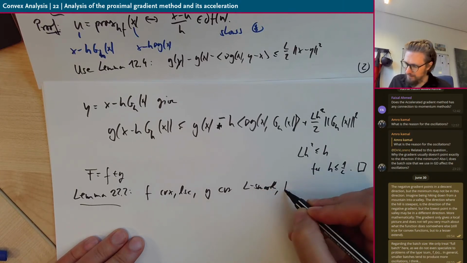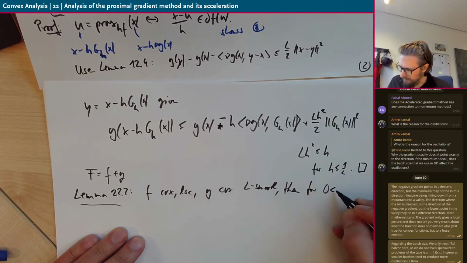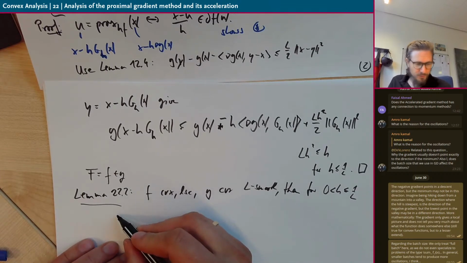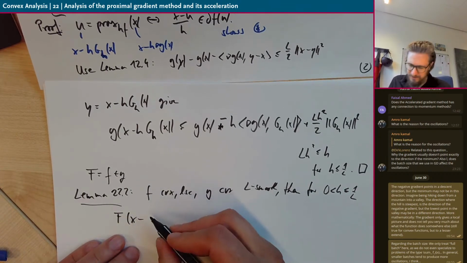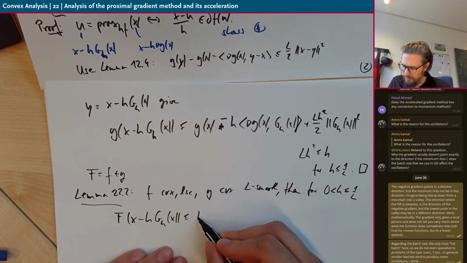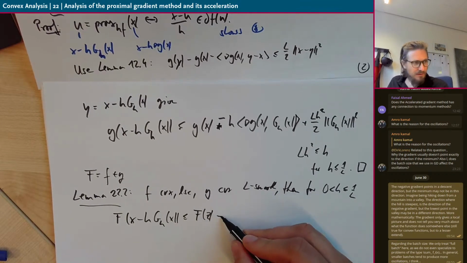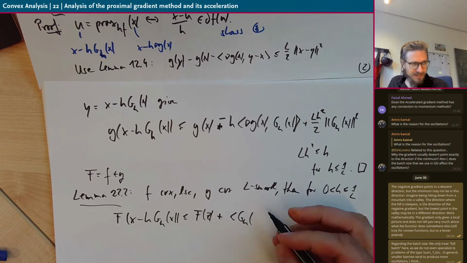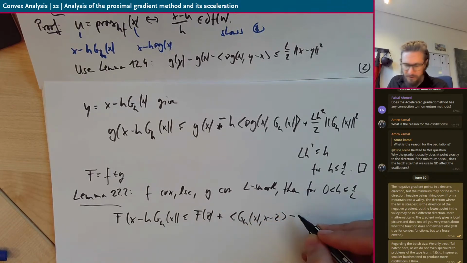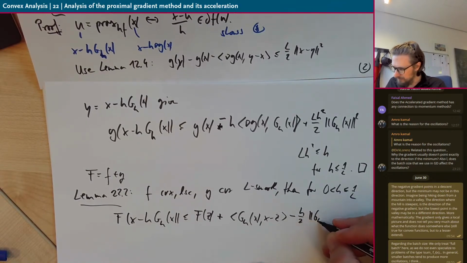Then we have for this f and h between 0 and 1 over L, that f of x minus h times gh of x, so that's the proximal step, is smaller than f of z plus gh of x, x minus z minus h over 2 gh of x.